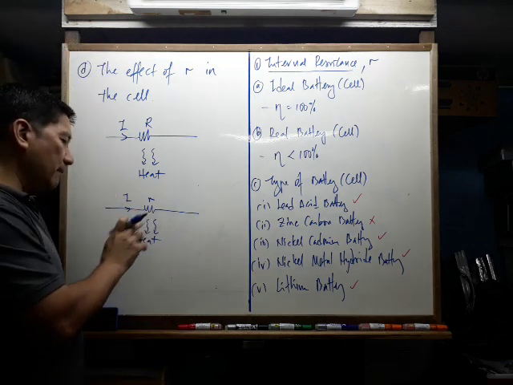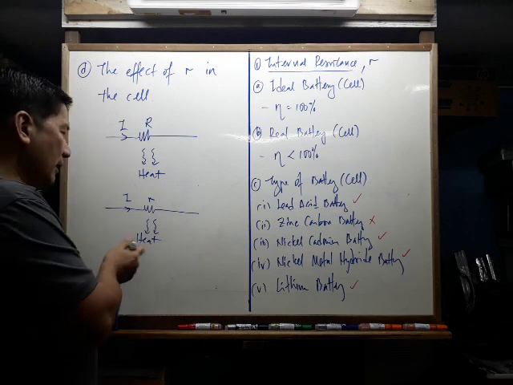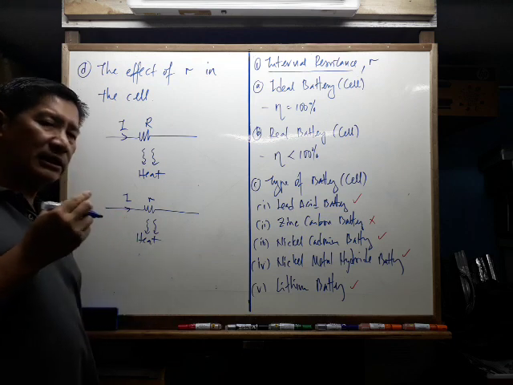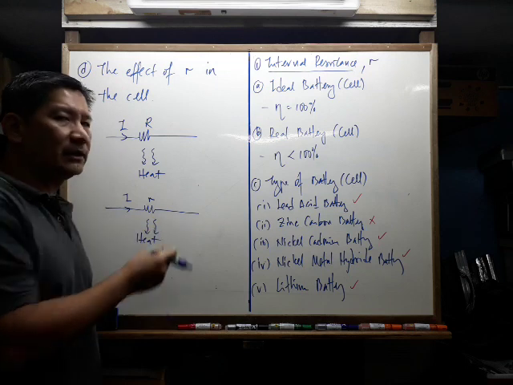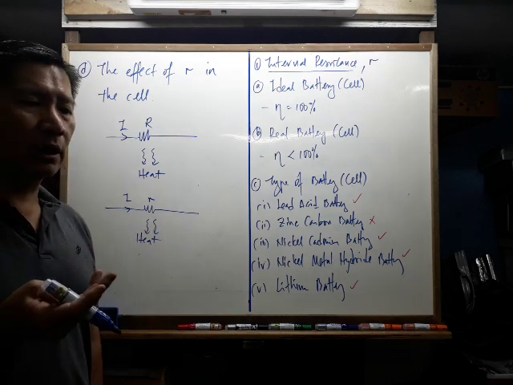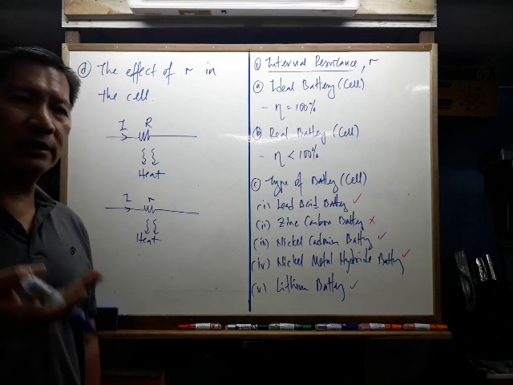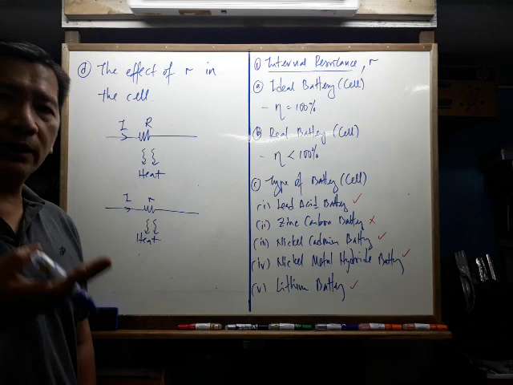When the battery warms up, that can cause other problems in the battery. If the current is too big, then the heat produced will be too high, and finally maybe the chemical reaction will cease.